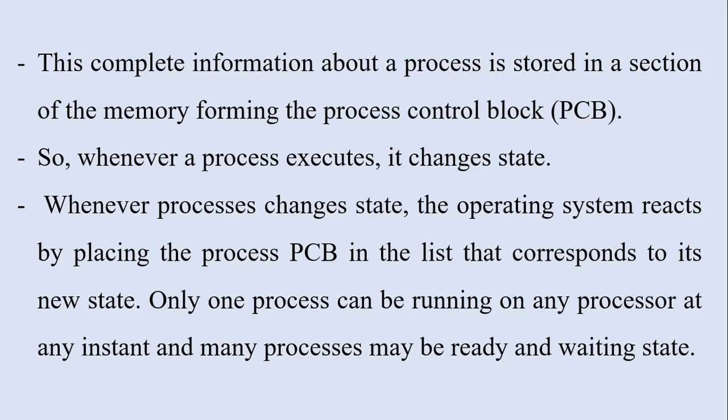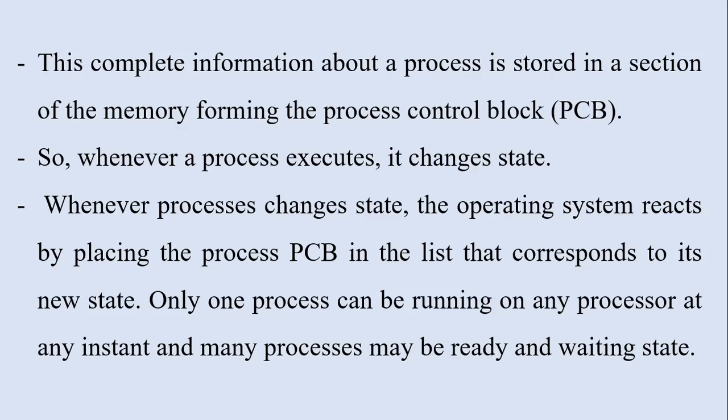This complete information about a process is stored in a section of the memory forming the process control block, PCB, that we looked at in topic 1, part 1 in this series. So whenever a process executes, it changes its state.